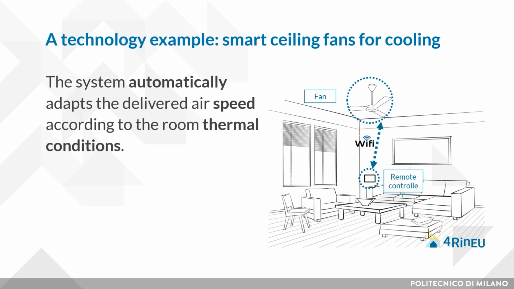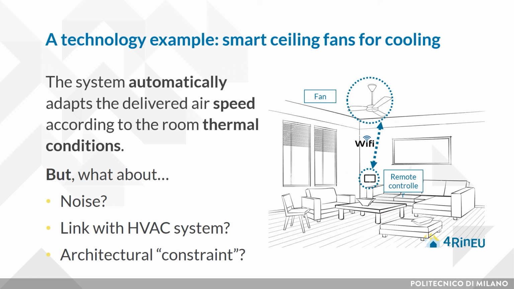And a good example of integrated design is that, yes, we satisfy thermal comfort with this simple design very well with this technology. But what about noise, the link with the HVAC system, architectural constraints such as the internal height? You need to consider all these things together to make a robust technology concept enhanced product.